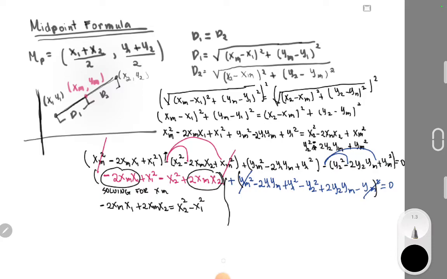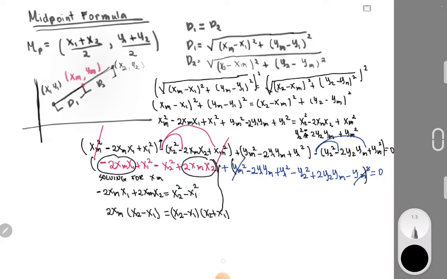The next thing to do is, of course, to factor out my 2xm. So 2xm, I will have negative x1 and x2, so I will also rearrange my equation: x2 minus x1 is equal to, take note that x2 squared minus x1 squared is a difference of two squares, so I will factor it as x2 minus x1 multiplied by x2 plus x1.